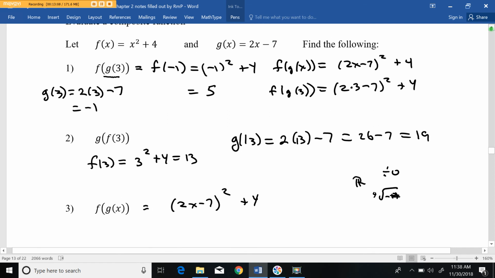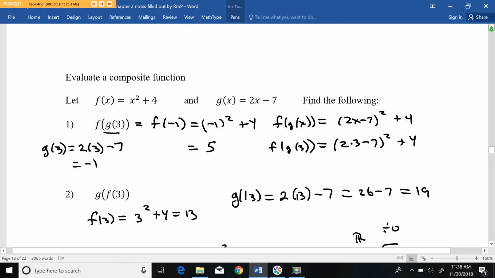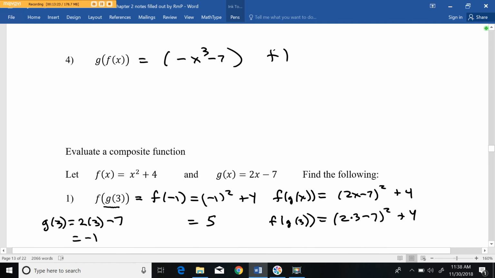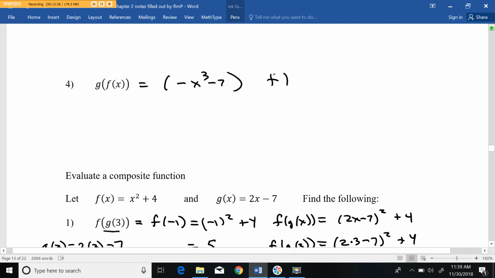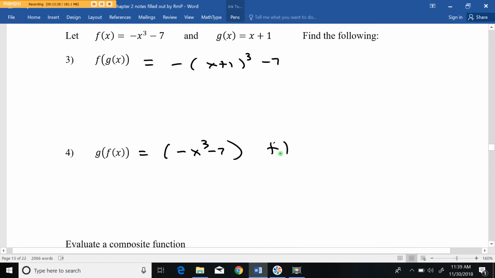So as we look through this, the domain of this function, there's no division by zeros and no radicals, so all real numbers. This one, all real numbers, all real numbers.